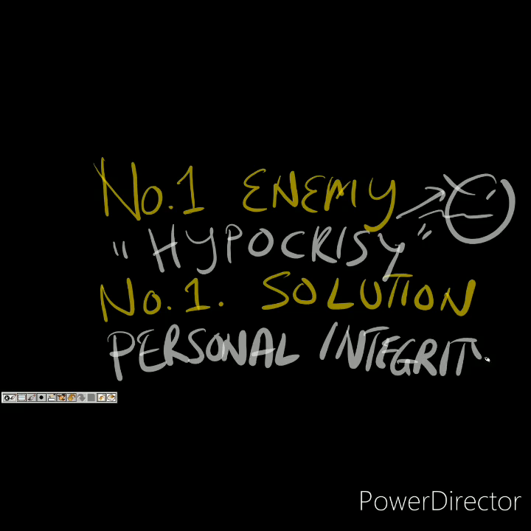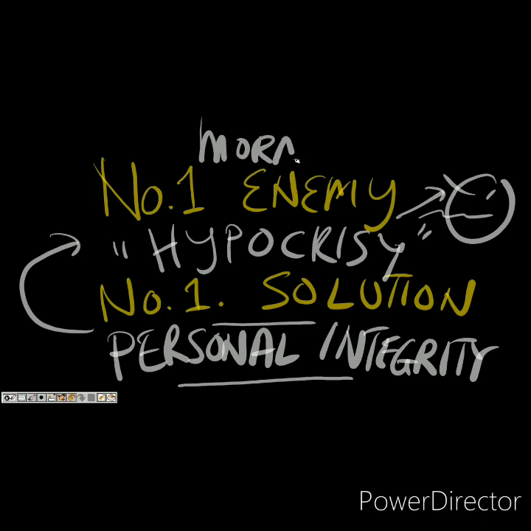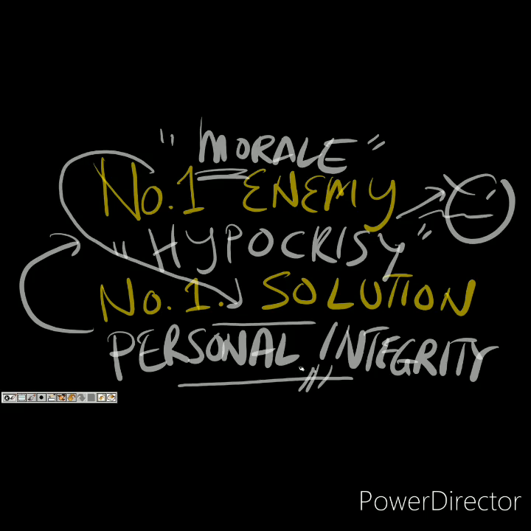And when every leader walks with personal integrity, the byproduct is improved team morale. So team morale is never an issue to be directly addressed with the team. It is an indirect indicator that there are personal integrity issues with the leadership.